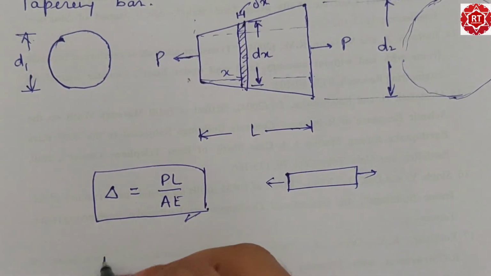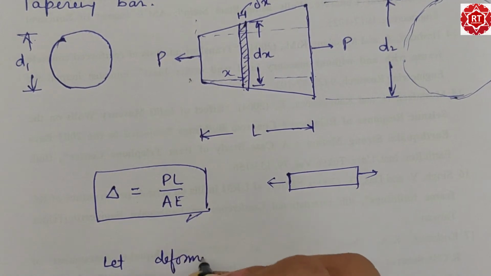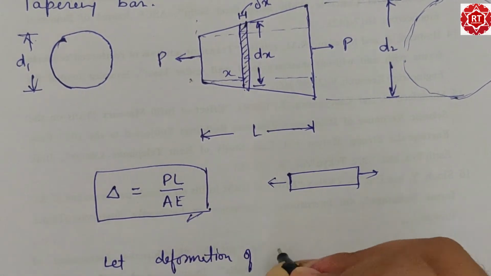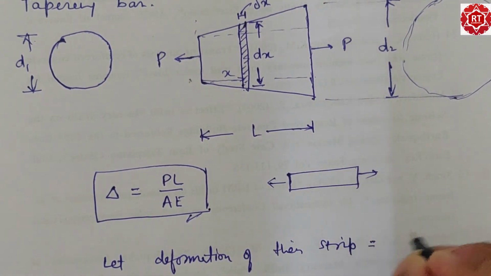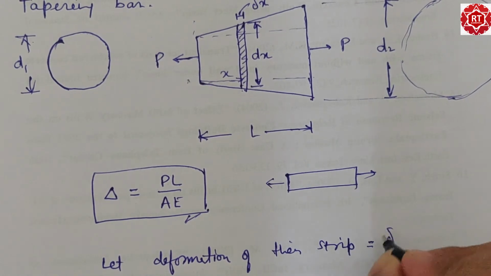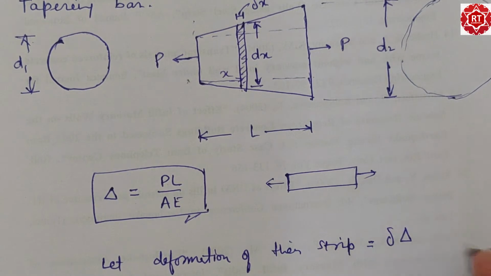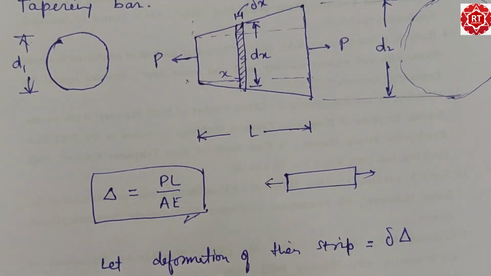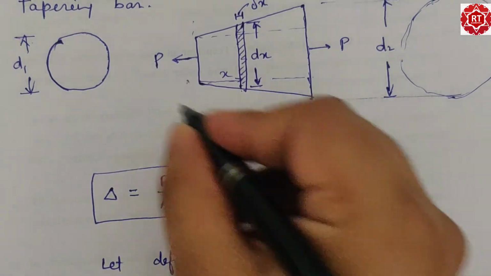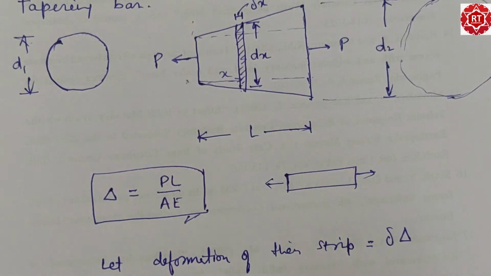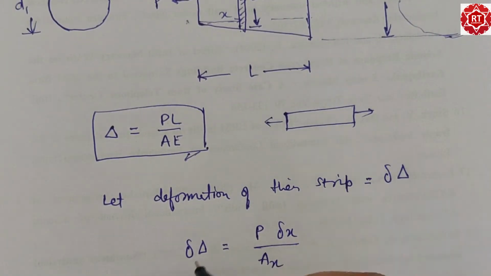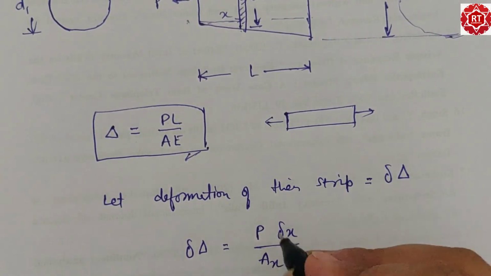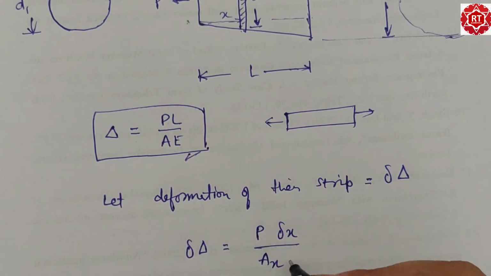Suppose the deformation of the thin strip is d delta, which will be equal to P delta x over Ax, sorry, over AX and E.